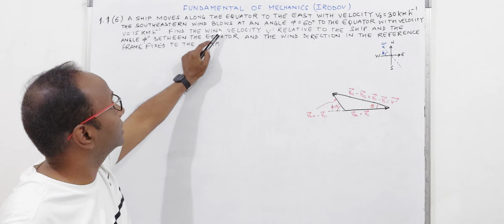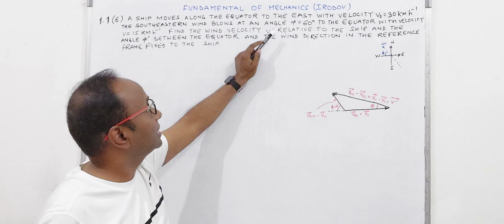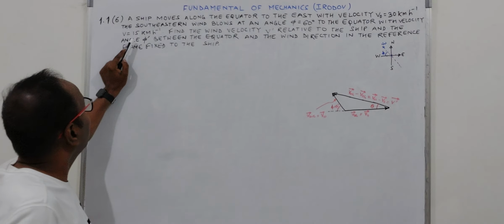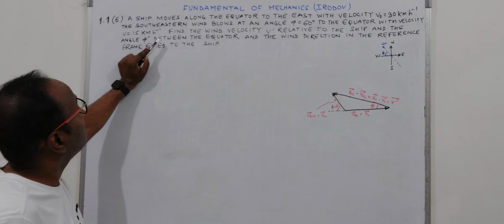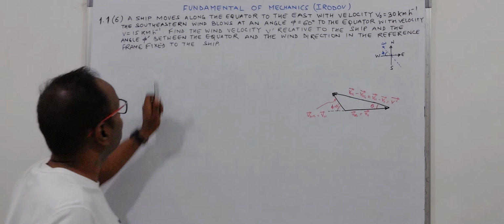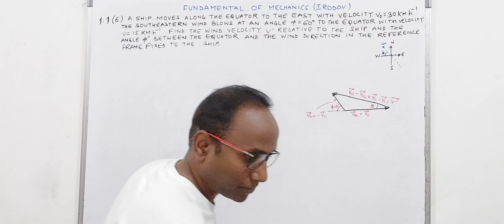Find the wind velocity v dash relative to the ship and the angle phi dash between the equator and the wind direction in the reference frame fixed to the ship.